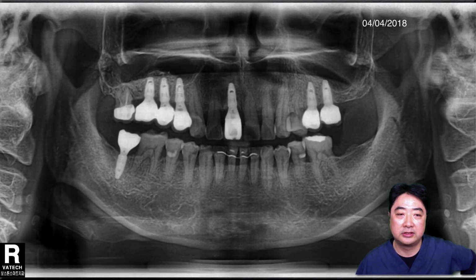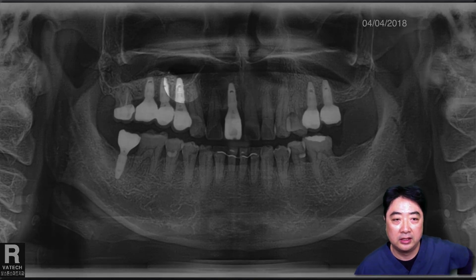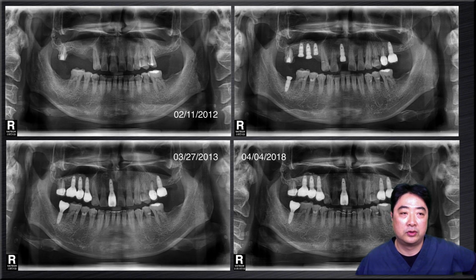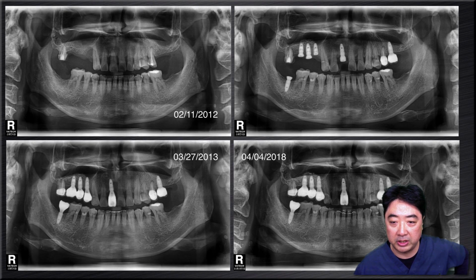And this is a recent panoramic radiograph, which was taken on April 4th, 2018. So this is how I started, after implant placement and bone graft and GBR, this is the day of delivery of the restoration, and this is a recent follow-up panoramic radiograph.